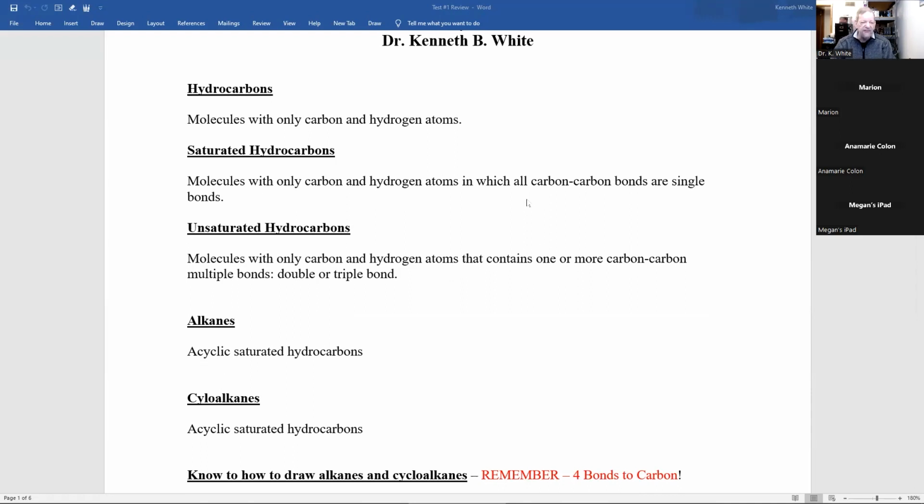Now, there's some definitions you should know. And those are, what is a hydrocarbon? That's a molecule with only carbon and hydrogen atoms. You should know also, what is a saturated hydrocarbon?